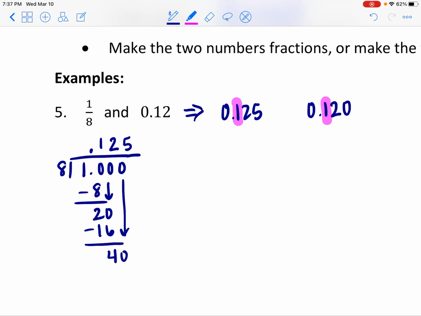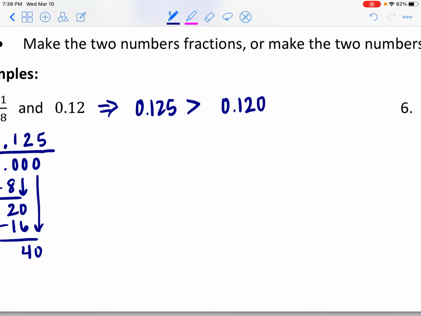The 1's the same, we don't need to worry there. The 2's are the same, we don't need to worry there. We go until we find a different digit, and those are different. And whichever one is bigger is our bigger number. So we're going to use a greater than. 0.125 is greater than 0.120. 125 thousandths is more than 120 thousandths.